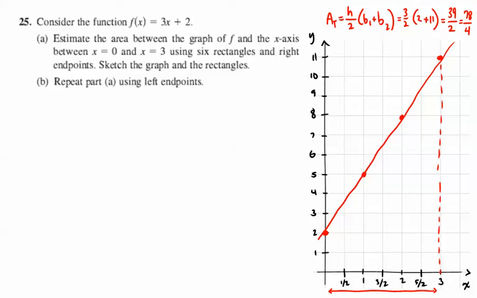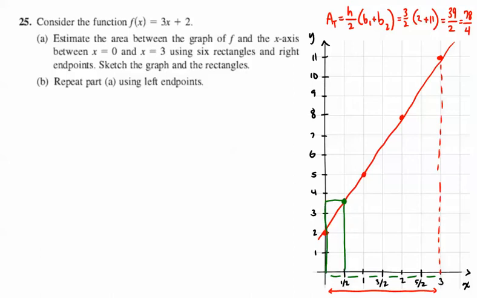That means that on each subinterval, there'll be 6 of them, 1, 2, 3, 4, 5, and 6, those will all be the bases of a rectangle. Then we're going to start at the right endpoint of each rectangle. For example, the right endpoint of the first rectangle would be 1/2. We're going to go up to the curve there, and then over and create our first rectangle.